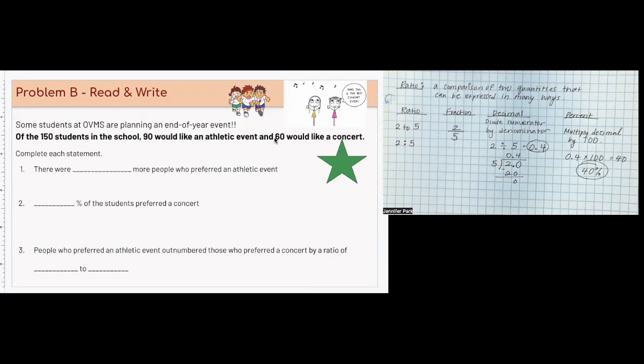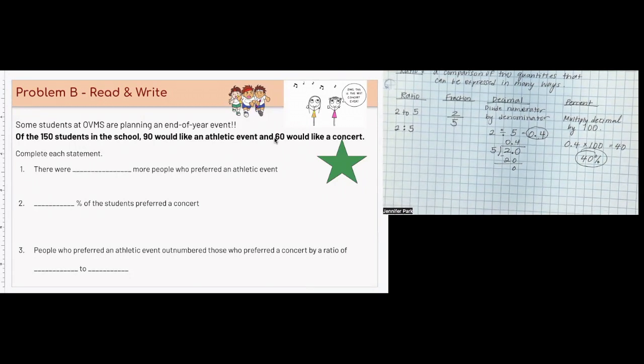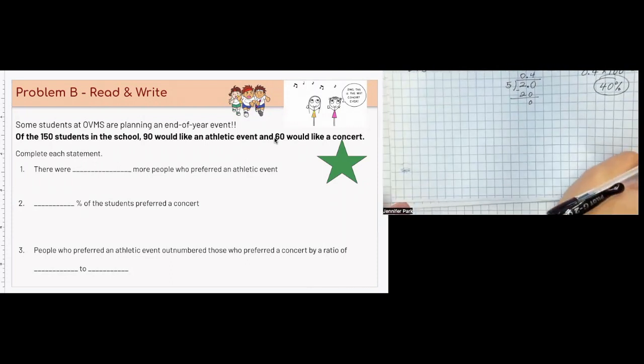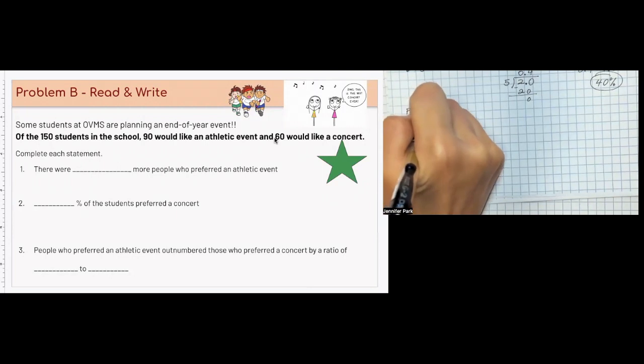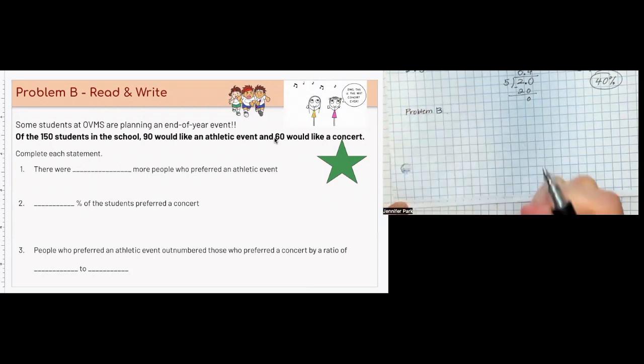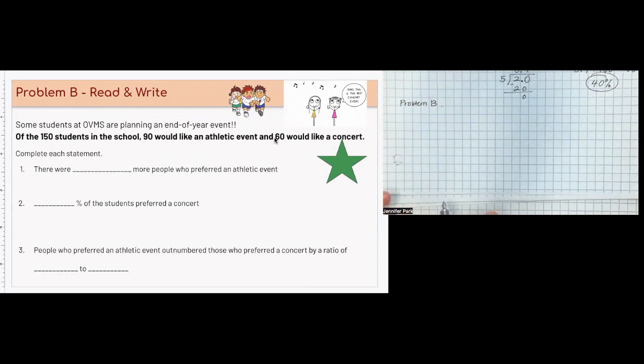So let's start with the first statement. We're going to write down problem B in our notebook first. So let's put problem B. Okay. So there were blank more people who preferred an athletic event. So how many more people prefer the athletic event?